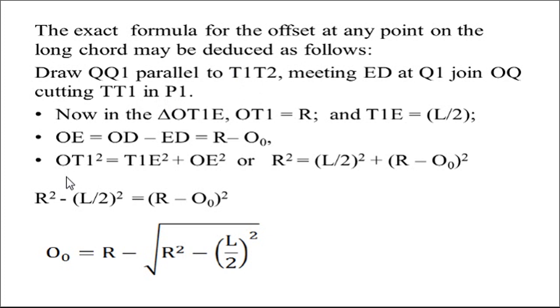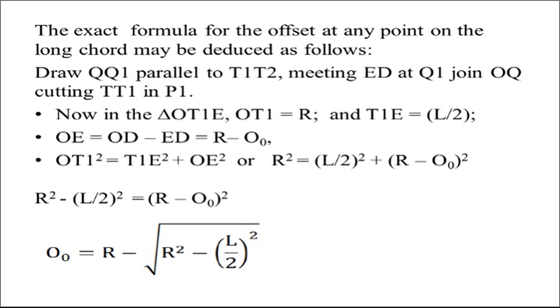Then from the figure, in triangle OT1E, OT1 is nothing but the radius of the curve and T1E is equal to half of capital L, that is L by 2.